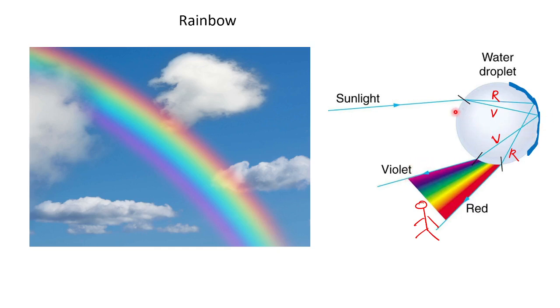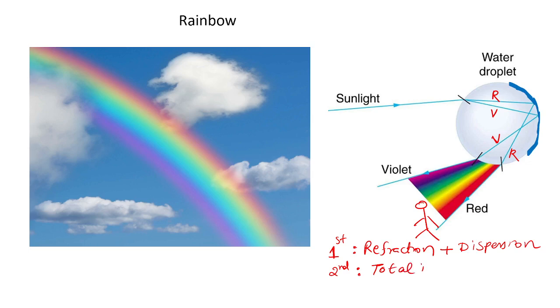So in the rainbow formation, first there is refraction. In the first stage there is refraction along with dispersion, red to violet, right? These two things happen simultaneously. In the second stage, total internal reflection.